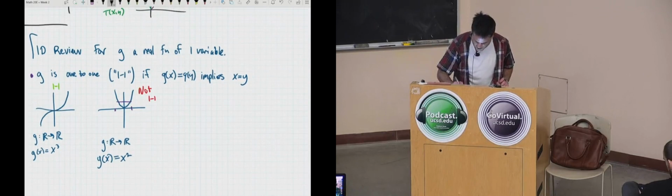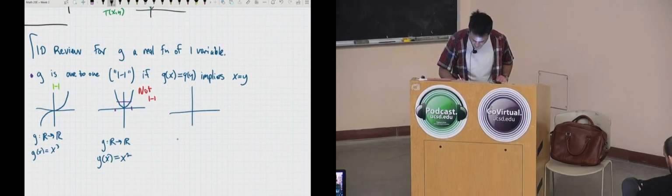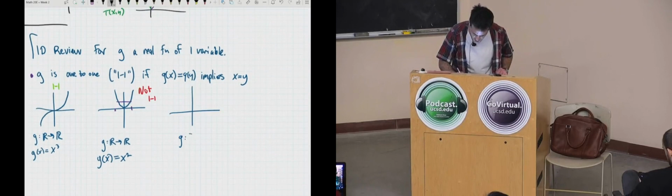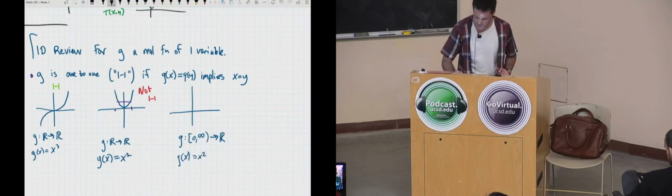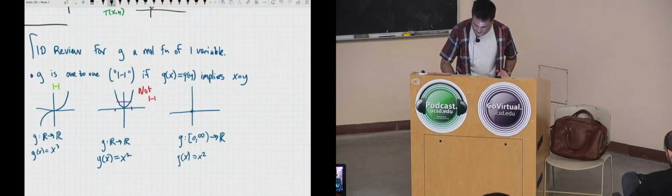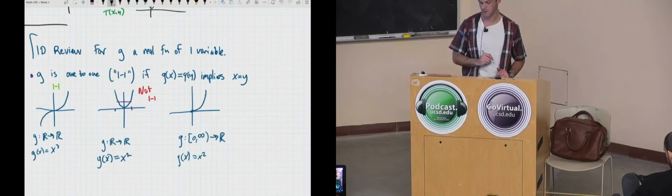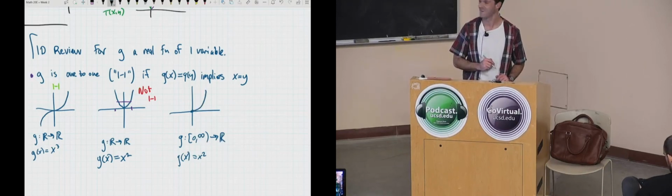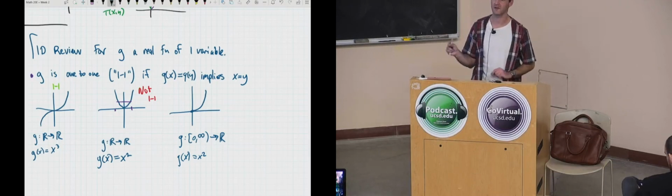On the other hand, check this out. This is something which we may occasionally have to do. Consider g just defined on non-negatives, g of x equals x squared. So it looks like the same function as the previous example. Is it the same function? The definition of a function includes its domain.